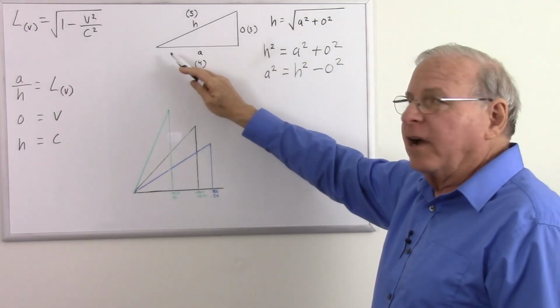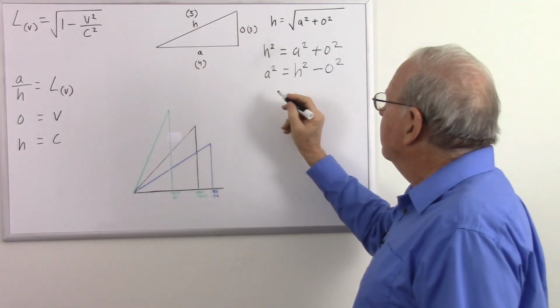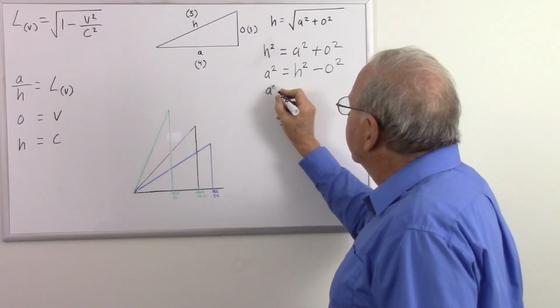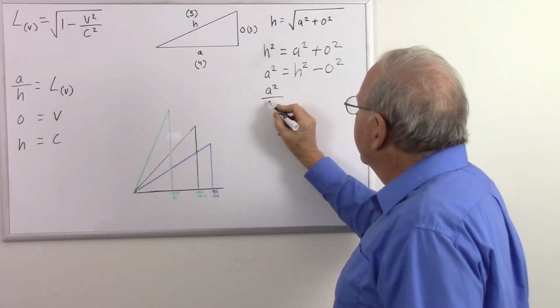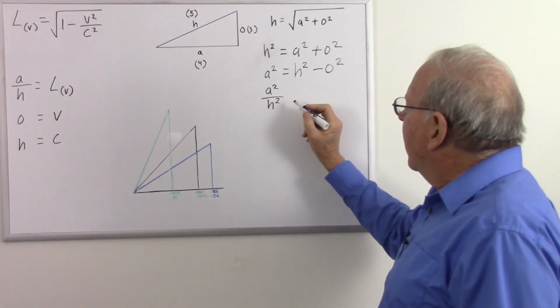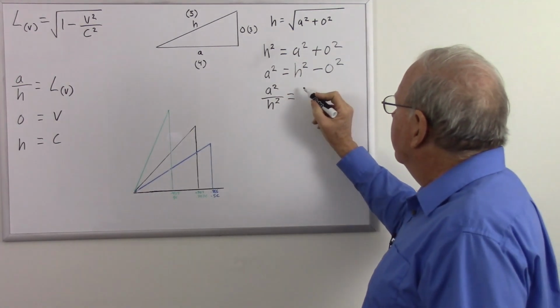But I also want to find the length of the adjacent as a decimal fraction of the length of the hypotenuse. So what I need to do is divide the adjacent by the hypotenuse. So the adjacent squared is divided by the hypotenuse squared, and I have to divide everything else by the hypotenuse squared too.